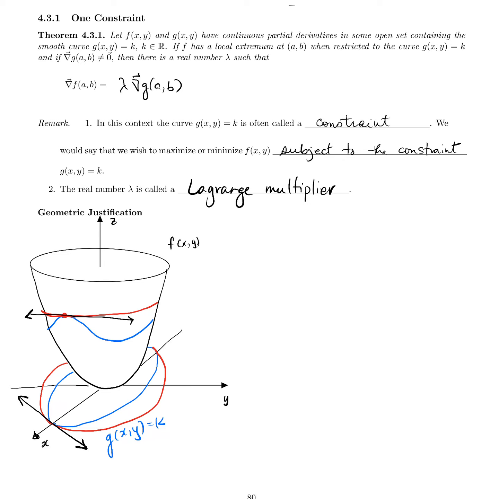Now my diagram here is a little bit busy. Let's take this and redraw the axes flat in R2 so we can get a real handle on what's going on. So there's x and there's y. Let's add the level curve in.